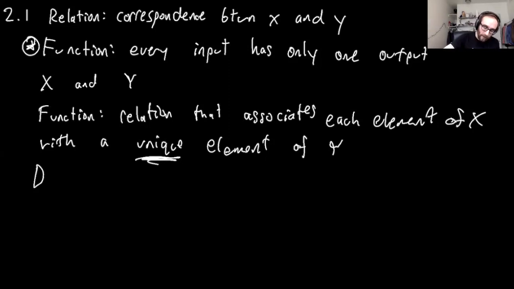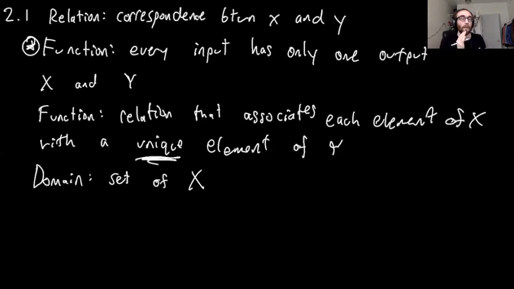The domain of a function is the set of x using this definition. And one thing to note is the domain is only numbers or elements in x that the function can input and then give you an output.